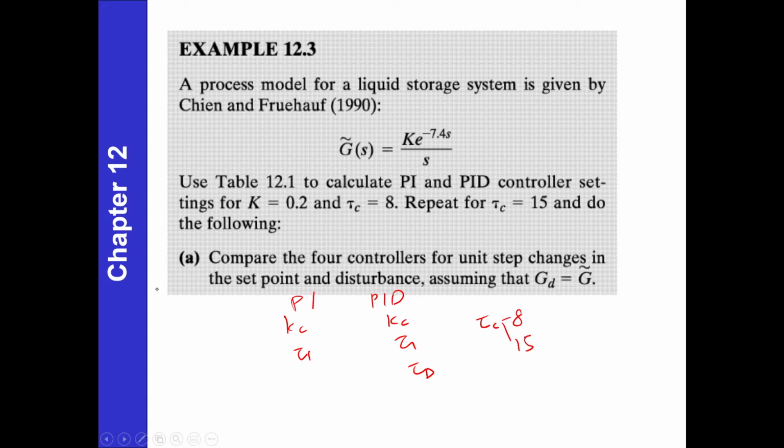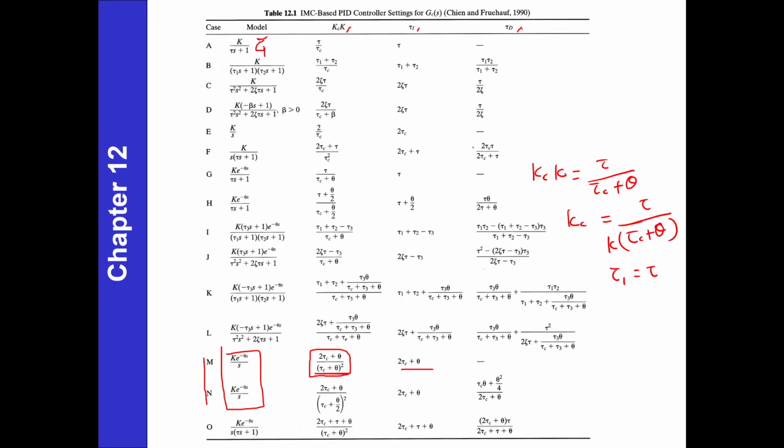Then we compare the responses. First, take a look at the process model and refer to table 12.1 to find which one is our process model. So it is M and N.